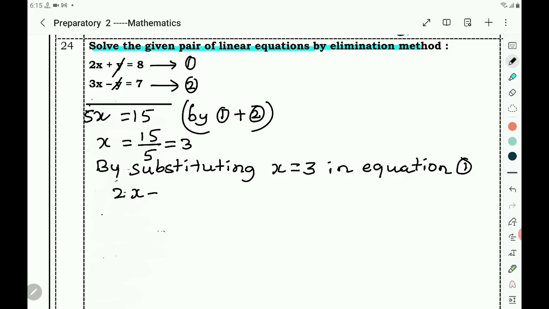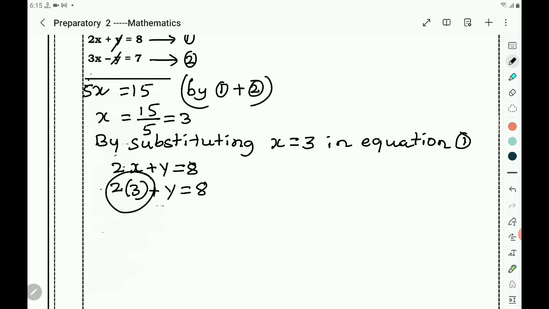Write 2 as it is, x is 3. 2 into 3 plus y equals 8.